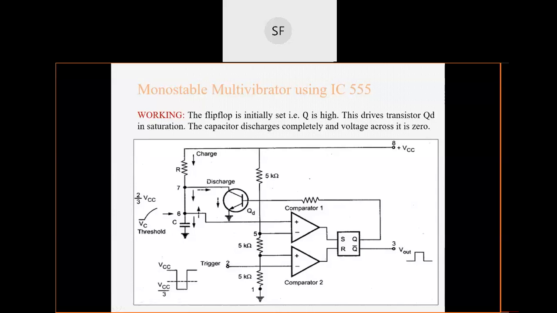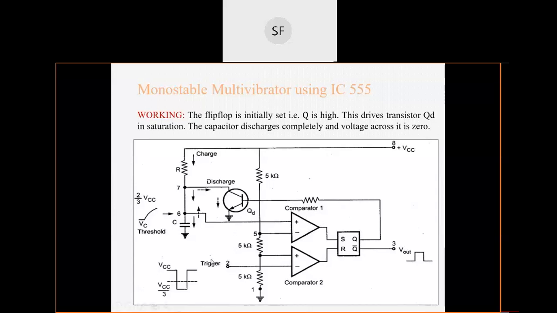Capacitor should ideally charge up to the VCC. So while charging, one moment will come when this value will become greater than 2/3 VCC, and at that moment the output of comparator 1 will again be equal to 1, and this again flip flop will set and your output will be brought back to its stable state.